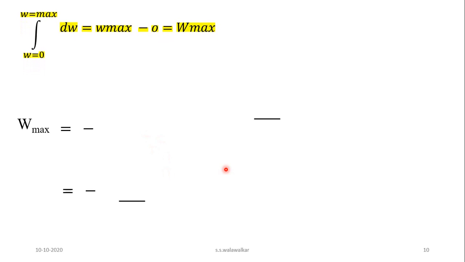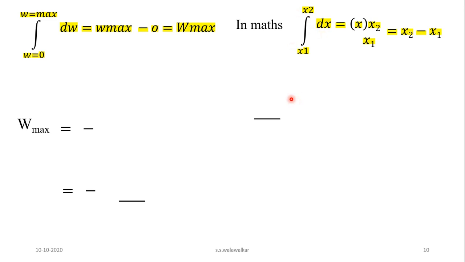Here you know that in maths the integration of dx from limit x1 to x2 is equal to x2 minus x1. So applying this to this equation, we will get what?